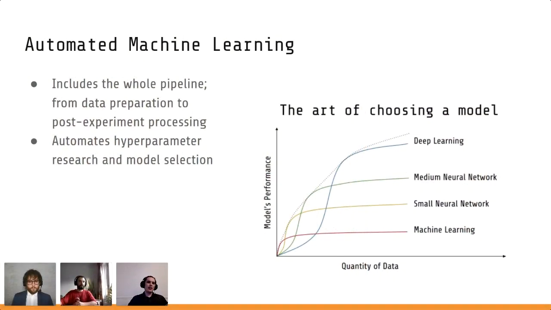We can see here that we have the deep learning model in blue, and it is also the one that achieves the best performance. However, to get performance like that, you need a huge quantity of data, and this is relative to the complexity of the problem you're trying to solve.